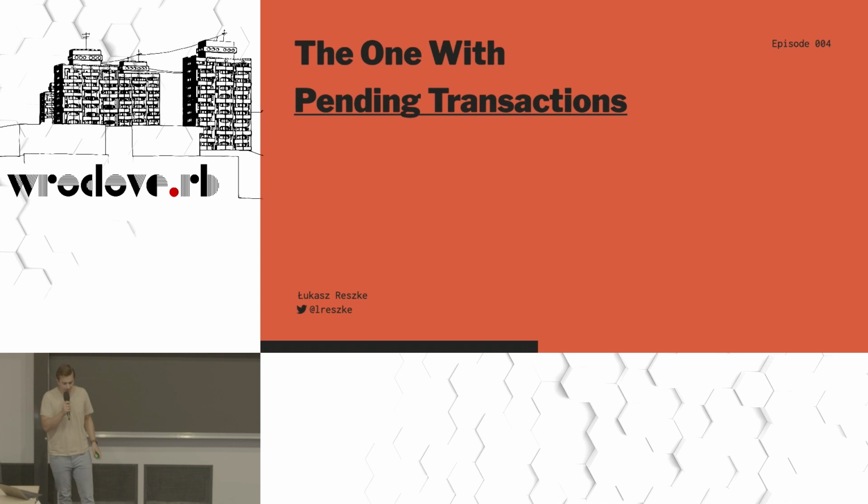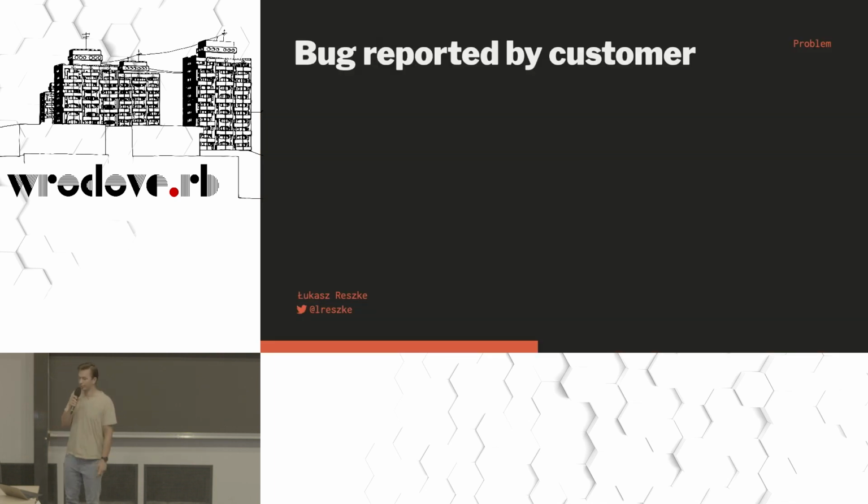And after a couple of weeks, when this was in production, we got a bug reported by a customer. They said that they don't see new transactions, the bank account balance is not right, it looks like the old bank account balance. There was a time where I was hearing this two or three times a week.